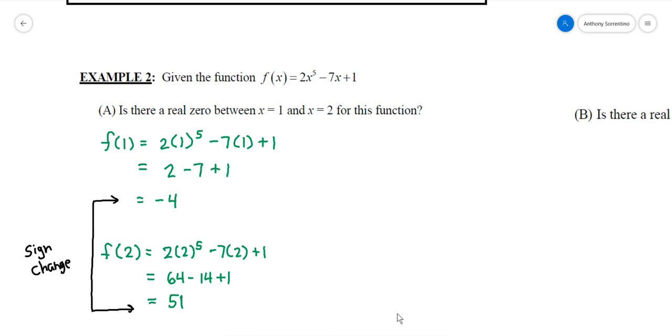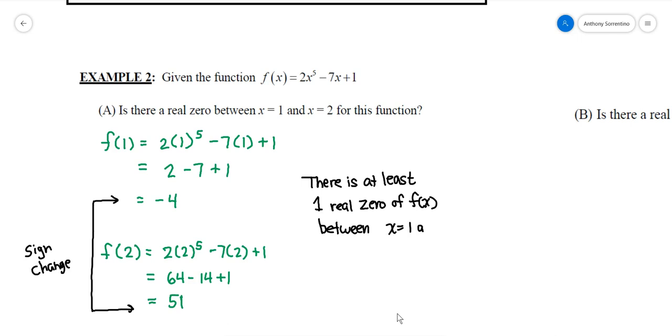And that allows me to say there is at least one real 0 of f of x between x equals 1 and x equals 2.